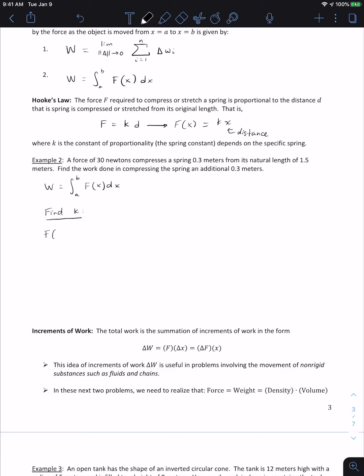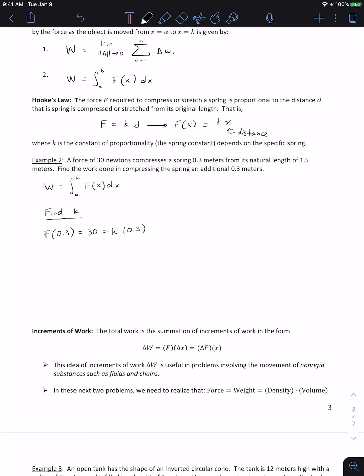So when I compress it 0.3 meters, I know that my force is 30 newtons. But what's my equation here? It's k times x. Well, what is x? x is how far I stretched it, and that's what we plugged in, 0.3.